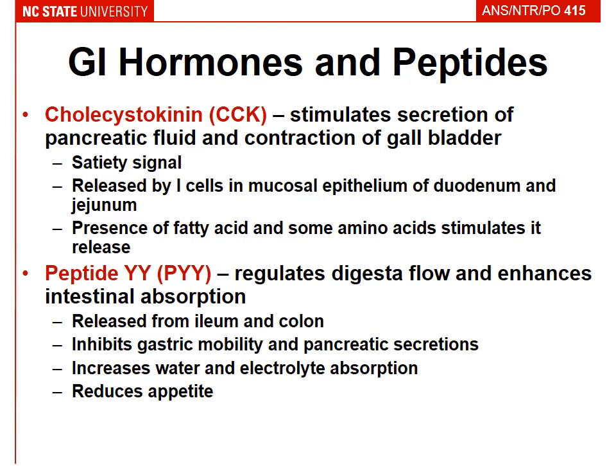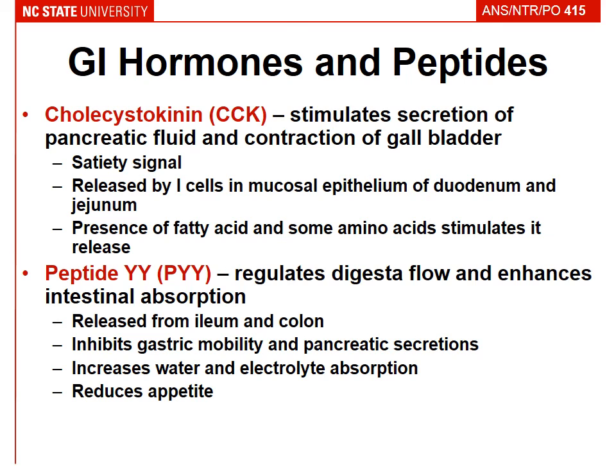Next, we have cholecystokinin, or CCK, and this stimulates the secretion of pancreatic fluid and the contraction of the gallbladder. It does signal satiety, meaning that it's going to inhibit your appetite. So hopefully it will cause you to stop eating.